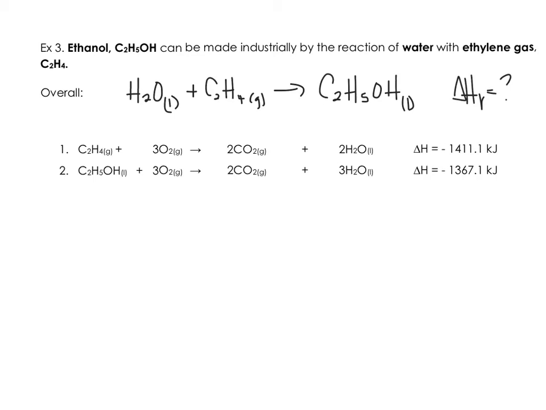and we want to find the overall enthalpy change. All right, so first equation, C2H4 is on the left as a reactant, and in our overall, it is also on the left. So equation number 1 can stand. Equation number 2 has ethanol on the left as a reactant, but in our overall, it's a product. So we need to flip this equation.